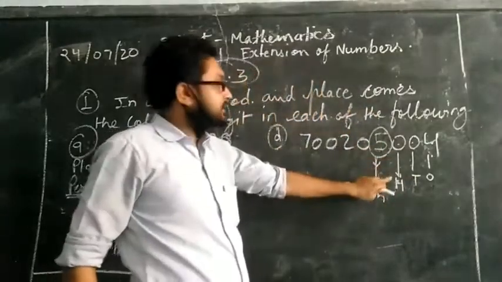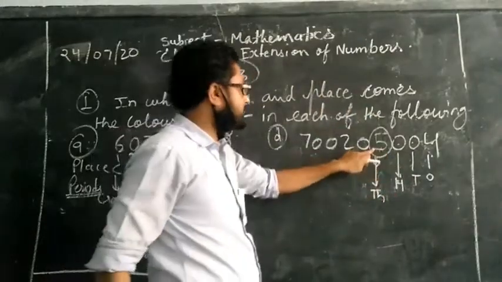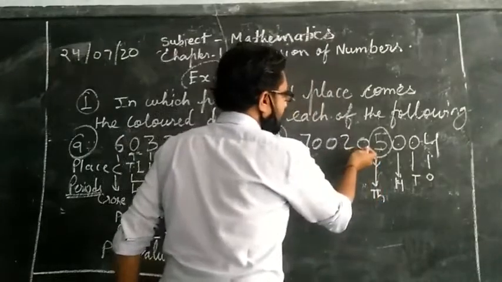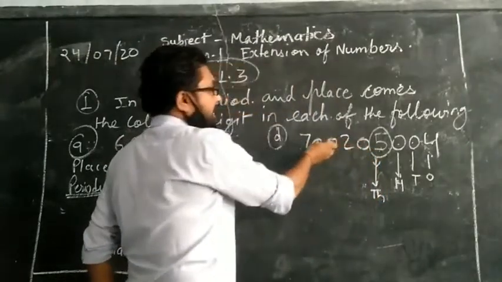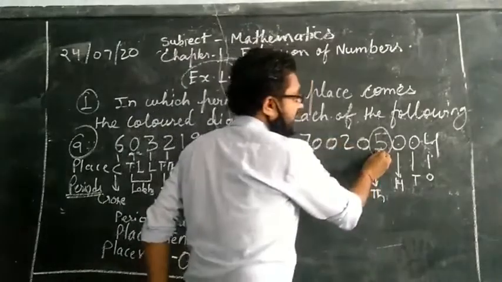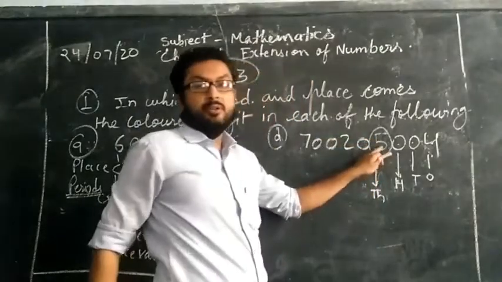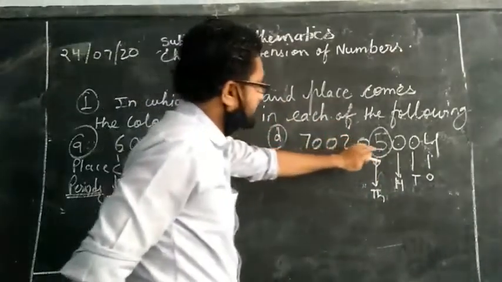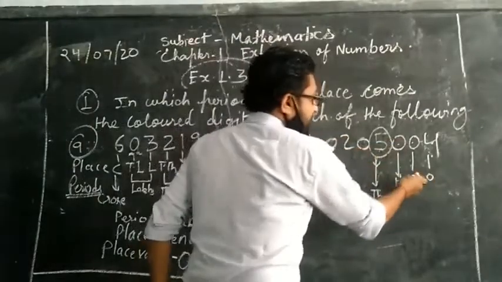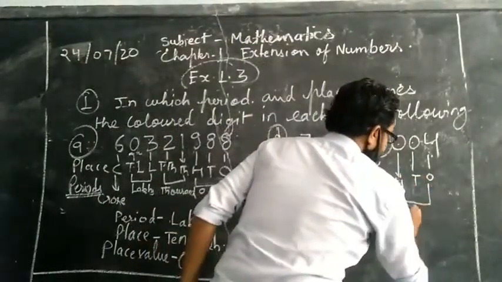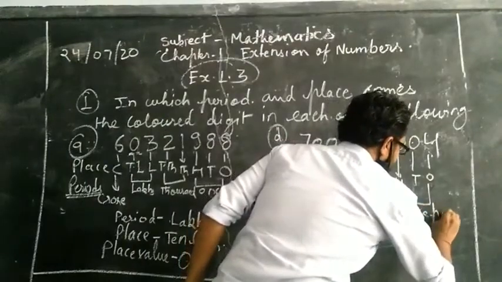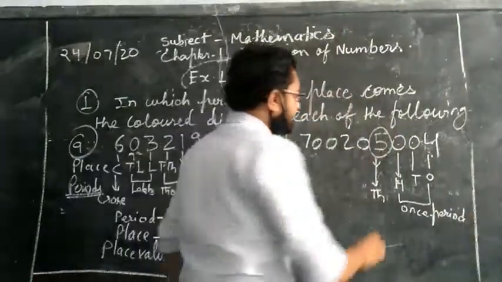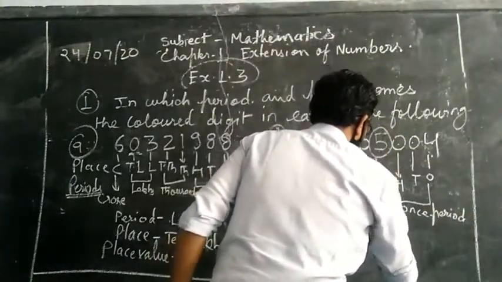So we can see that this colored digit 5 comes at the thousand place. We have to find only for 5 here because it is the colored digit, and they are asking for the colored digit's period and place. Ones, tens, hundred come in the ones period, and this thousand comes in the thousand period.